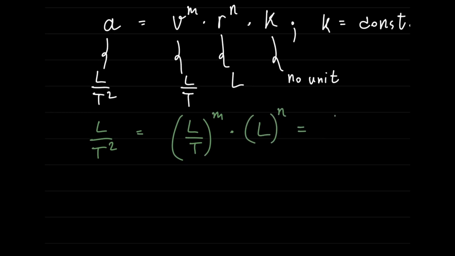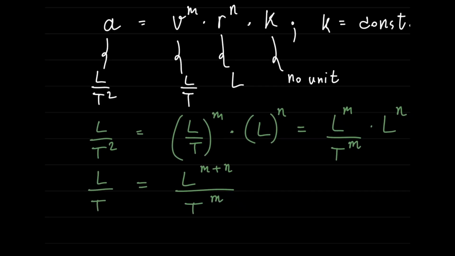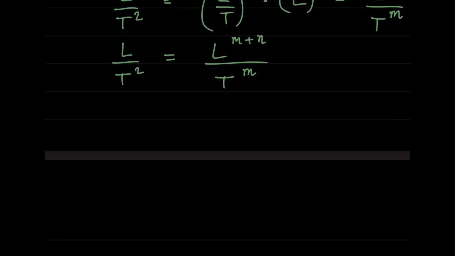Now we can compare the two sides of the equation. You see this term here, t, and here, and its exponents. We can conclude that 2 equals m. So we have m equals 2.